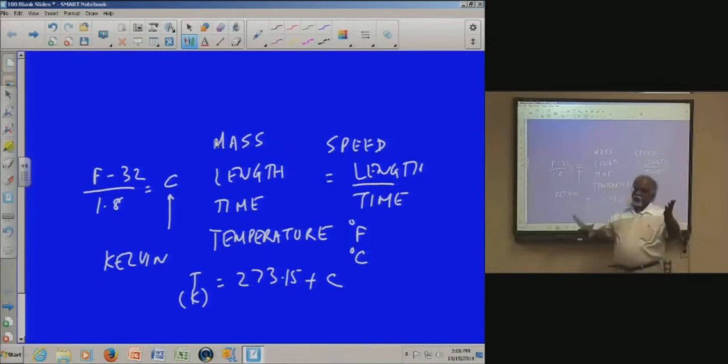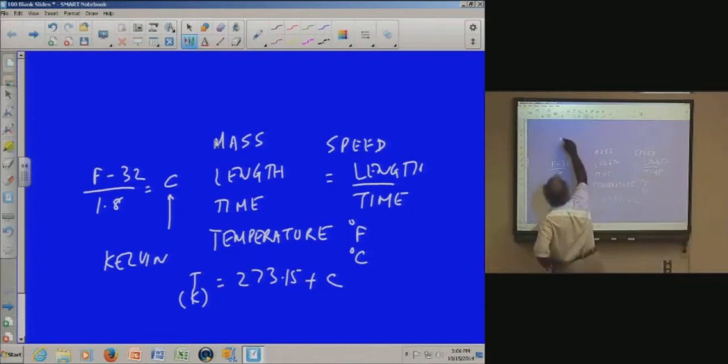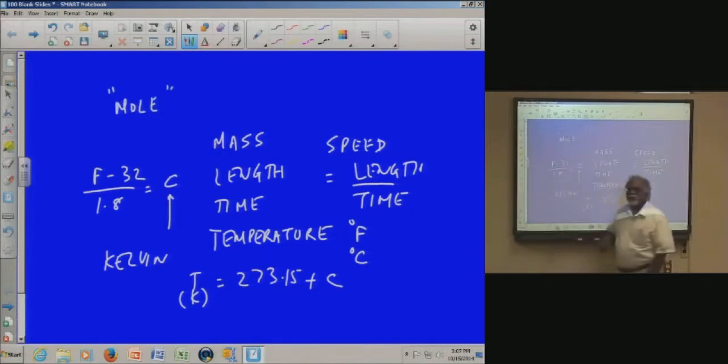And if you remember, in chemistry, we talked about calories per mole, or kilocalories per mole, right? The term mole also shows up. So what is the term mole? In a sense, the mole is like a measurement of the amount of a material.